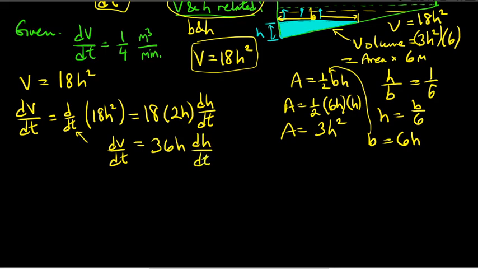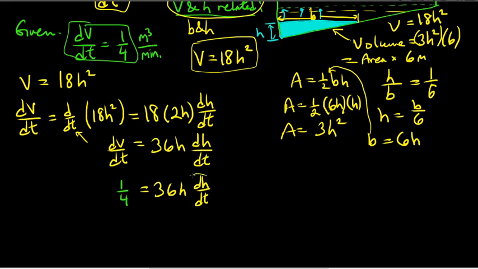And so we get our equation. Notice that the left-hand side is just equal to 1/4. That was the given part. And that's equal to 36 times h times the derivative of h.